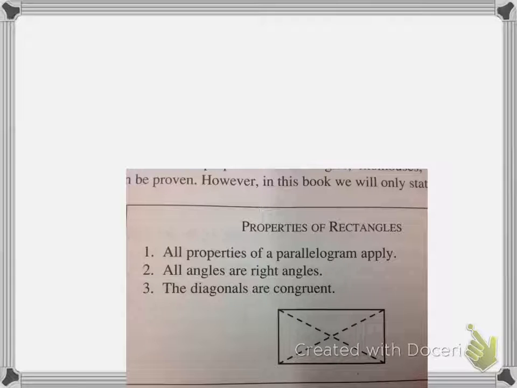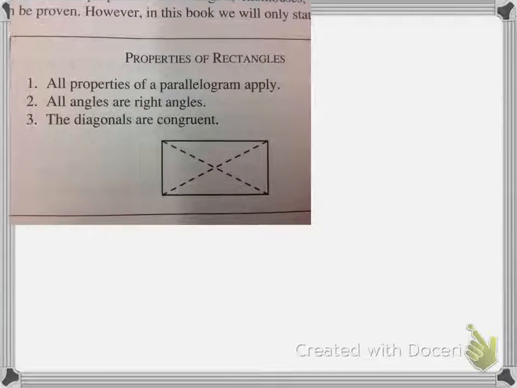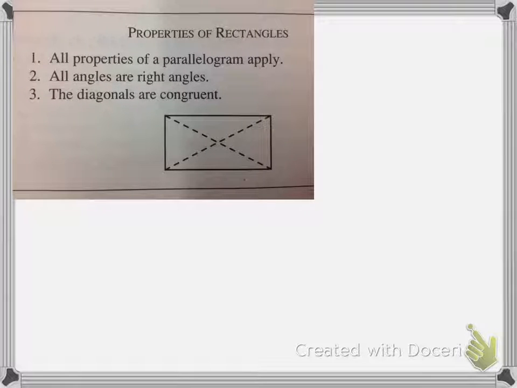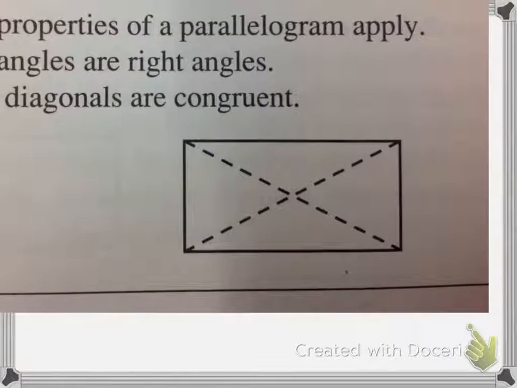Okay? Moving on. We talk about one of these sets of parallelograms, and that first one is called a rectangle. So maybe we move that up here. Properties of rectangles. And I had shown this earlier, that all properties of parallelograms apply. So it means parallel sides on opposite sides, right? Both pairs. And it says all the angles are right angles. So if you need to, you could draw that in.